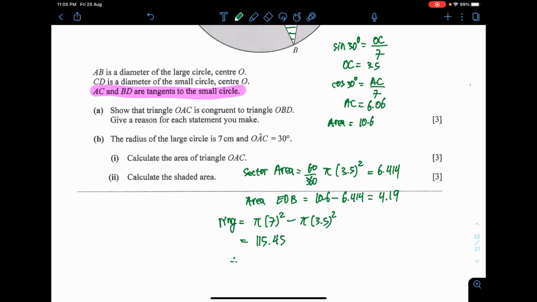Hence the area that we want is 115.45 minus 4.19 minus 4.19. You do it twice, so you'll get somewhere around 107, corrected to 3SF. Okay, yeah, that should be good enough.